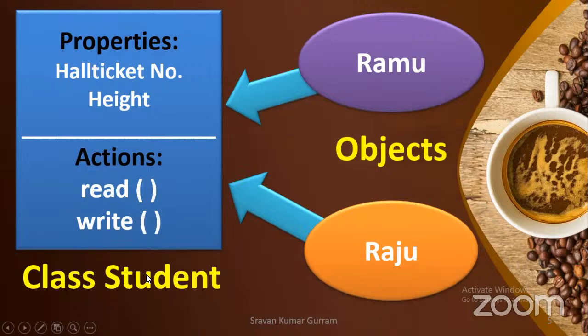So you can write the class like this, class Student. You can give any generic name. These are the properties of students, so you can give the generic name like Student. And if I say Ramu, Raju, and so on, those are called objects. An instance of a class is called an object.